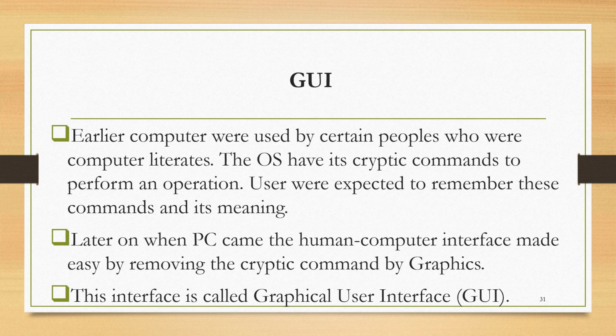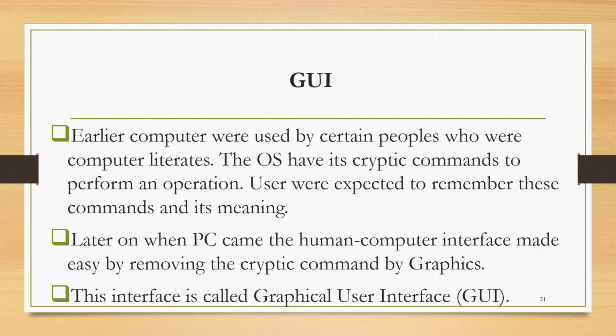They used to use that because the computer was used only by literate people. That set of commands is cryptic commands, and you are supposed to remember all those commands while using the computer. But subsequently, when the PC, the personal computer, came, it went to all people, whether you are computer literate or not, scientist or non-scientist.